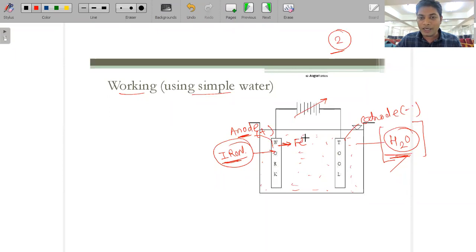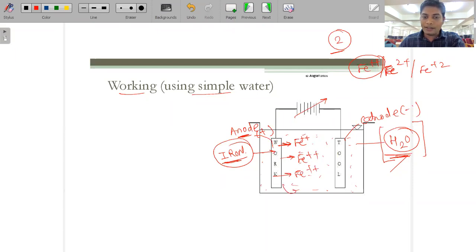If it releases 2 electrons, it becomes Fe plus plus, or Fe2 plus, or plus 2, you can write it that way too. But in books it is written as Fe plus plus, so I am following the same. So they start releasing Fe plus plus ions from the workpiece.